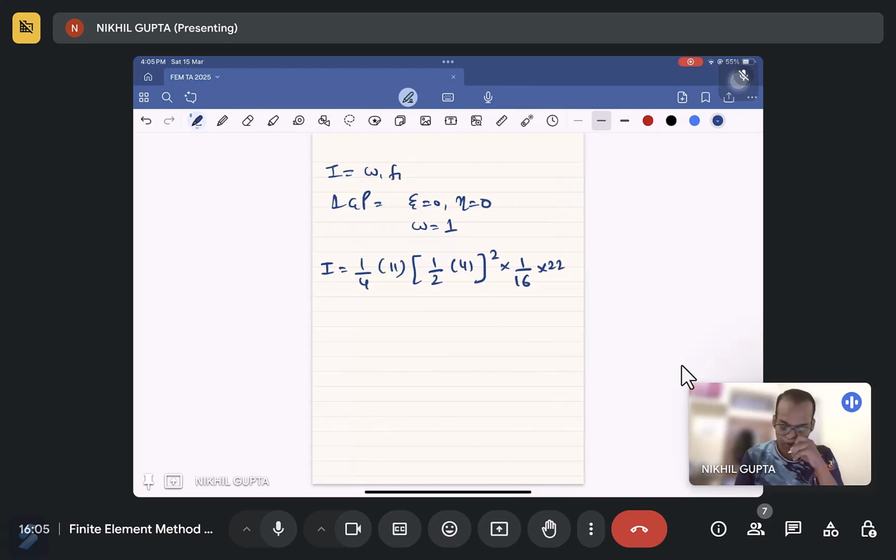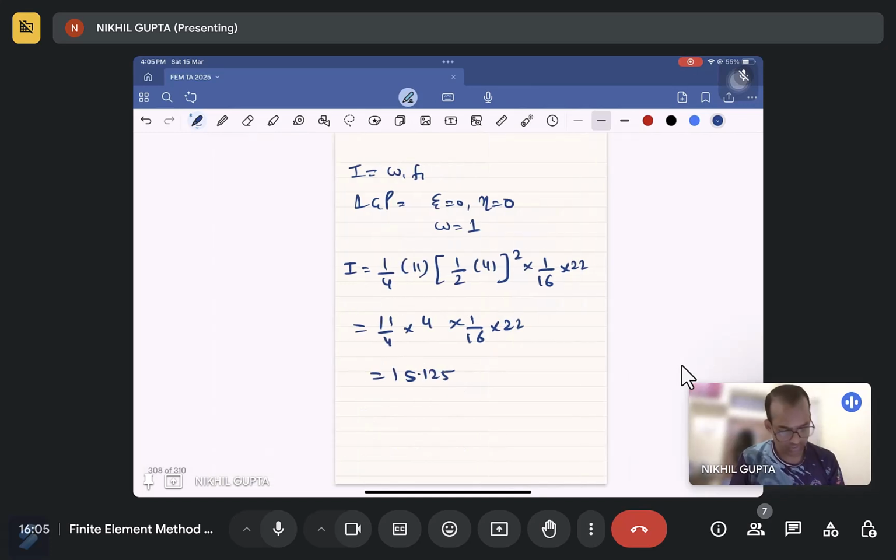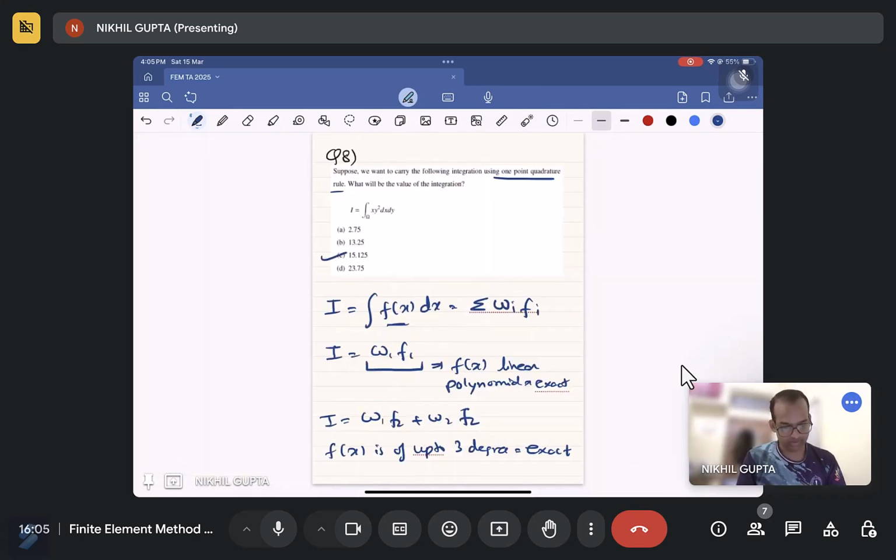I have taken all the constant terms and made all xi and eta 0. When you solve it, you will get 11 by 4 into 4 into 1 by 16 into 22, which gives 15.125. Okay, so the answer is B.